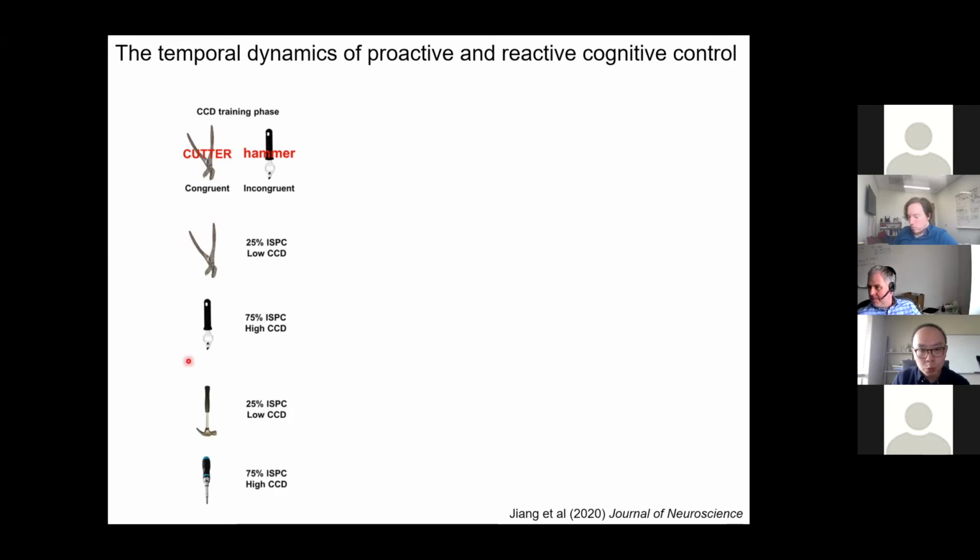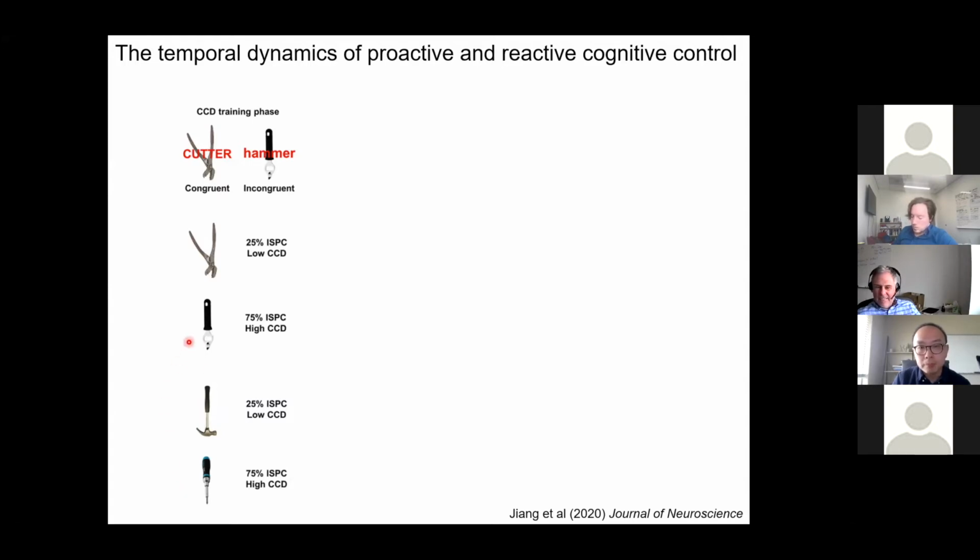And for the other 2, we presented those 2 tools in mostly incongruent trials. In this case, when participants see those 2 tools, they were most likely dealing with an incongruent trial, which requires higher control demand.